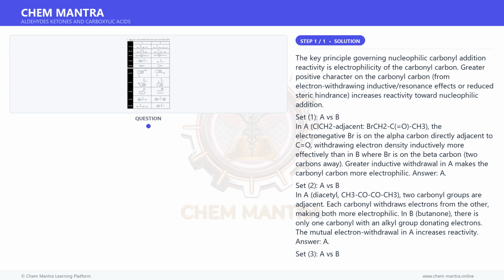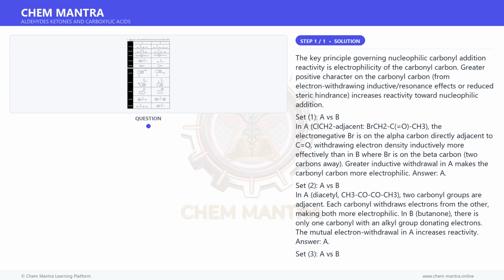In A, butanone, CH3, CH2, CH3, it is a dialkyl ketone. In B, benzaldehyde, PhCHO, despite the aryl group's resonance donation reducing carbonyl electrophilicity compared to aliphatic aldehydes, aldehydes are generally more reactive than ketones toward nucleophilic addition because, 1, aldehydes have one H, not an alkyl group, on the carbonyl, so less steric hindrance, and 2, alkyl groups are more electron donating than H, making the ketone carbonyl less electrophilic.